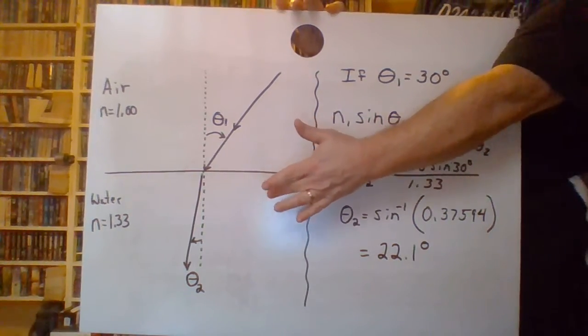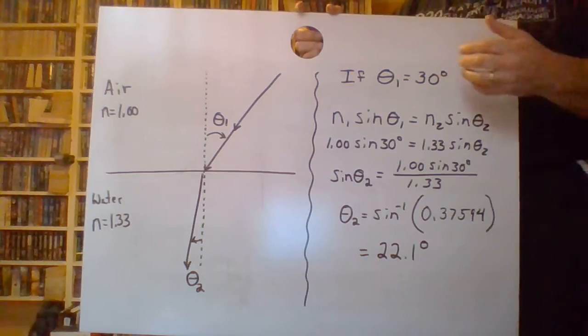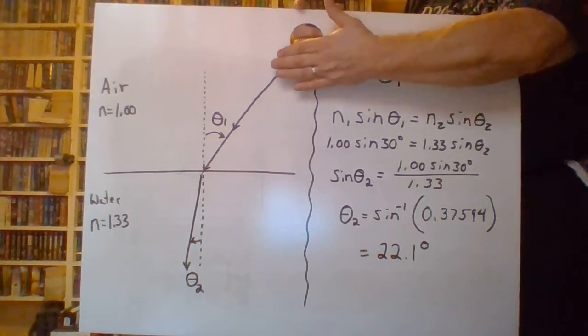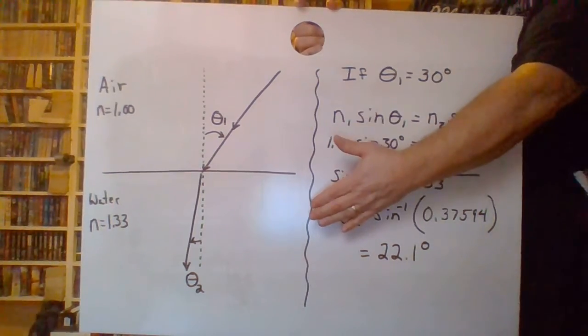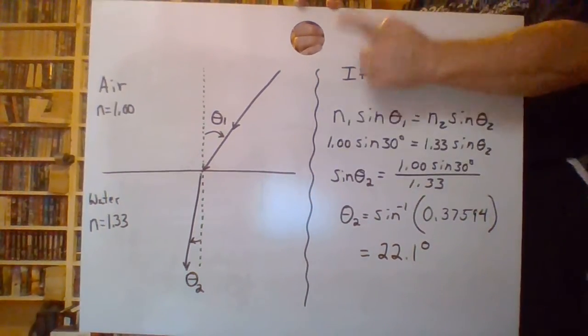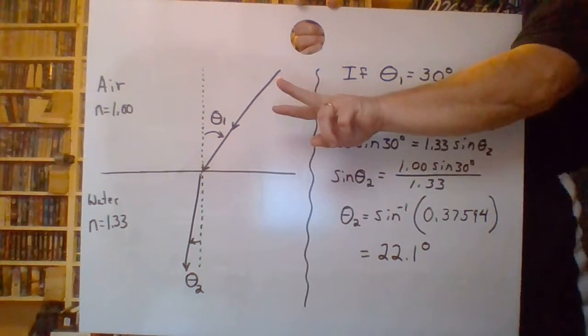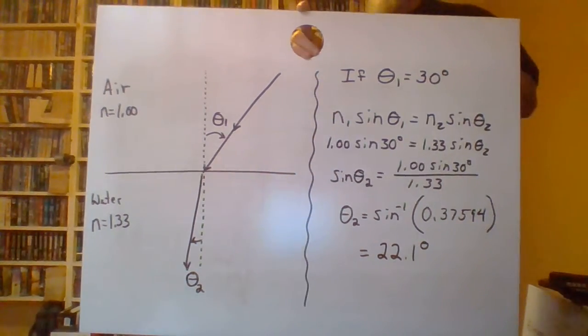Now, I know my diagram over there isn't really to scale, but it's to emphasize the fact that I'm going from an index of refraction that is low to an index of refraction that is high. The index of refraction is the opposite of permittivity.